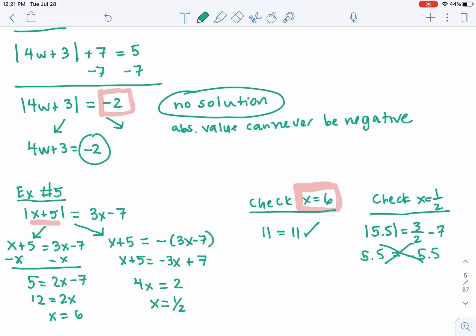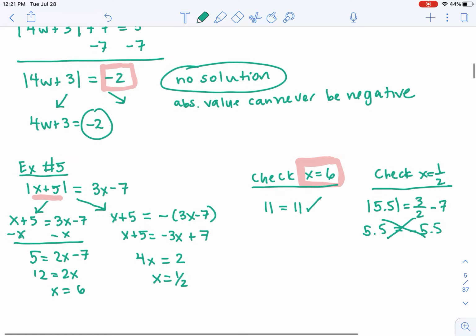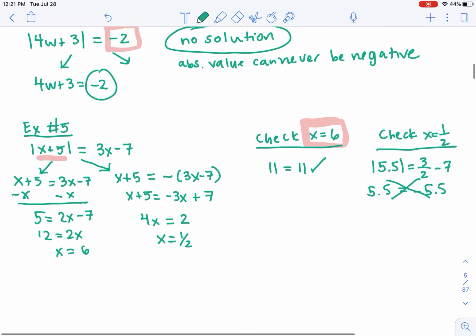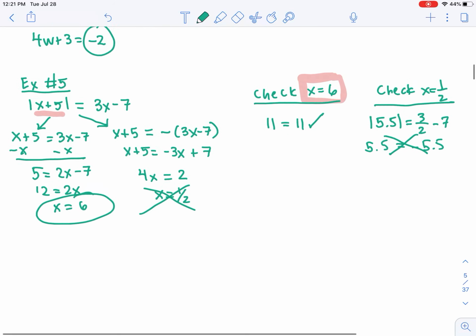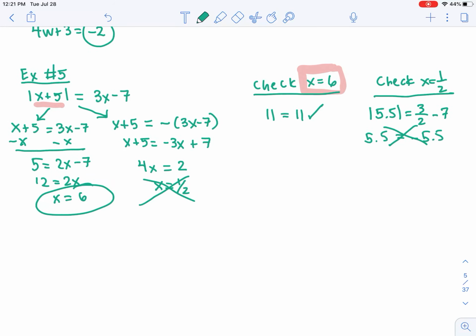So this doesn't make any sense. And so with the more complicated absolute value equations where you have x's on both sides, you want to double check, and it's probably safe to check all your solutions and make sure that it's true before we say that it is an answer. So once again, x equals 6 is a solution, x equals 1/2 is not a solution.